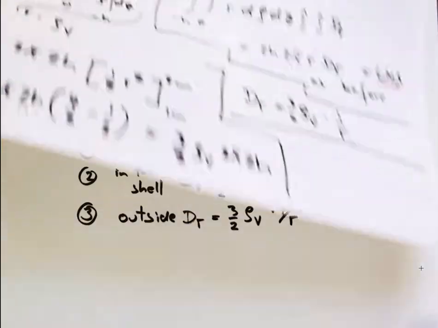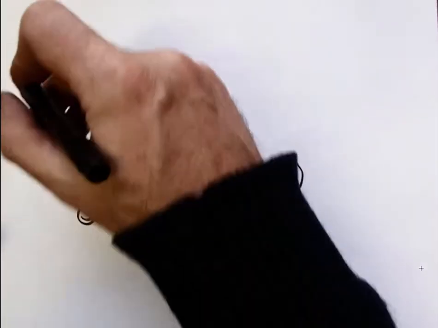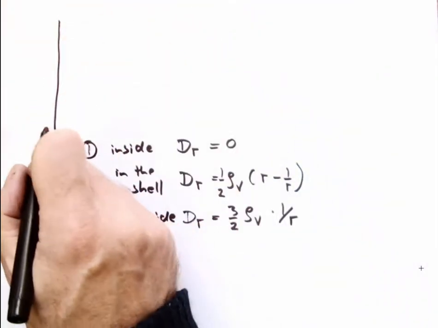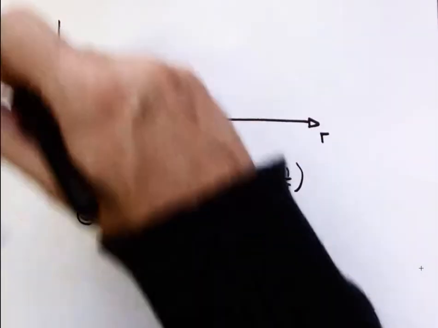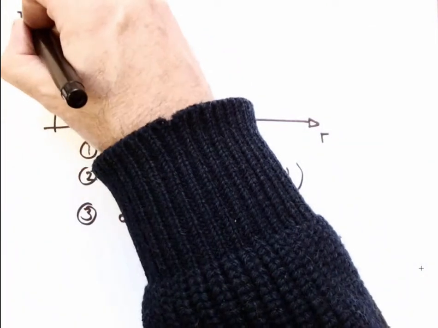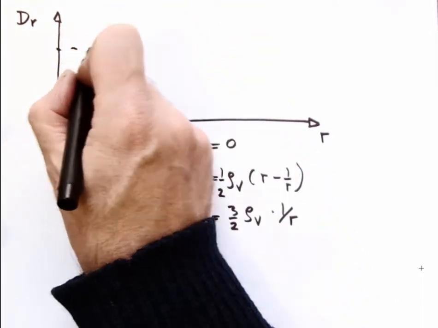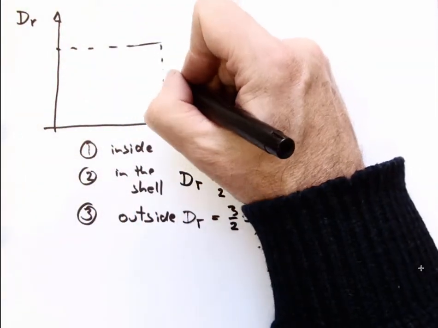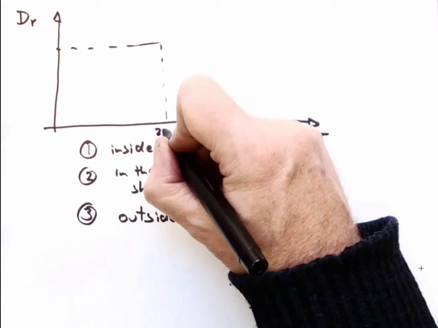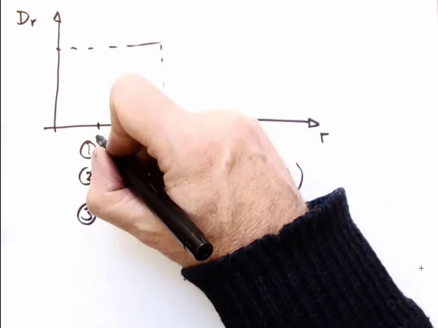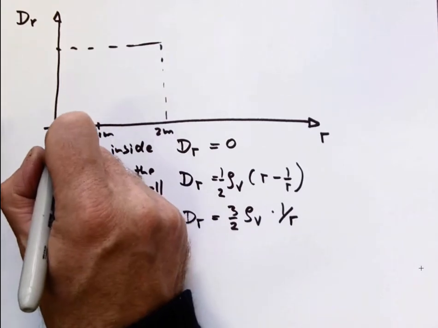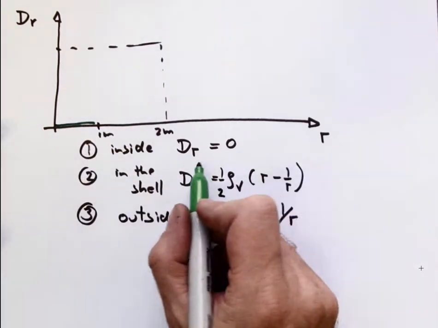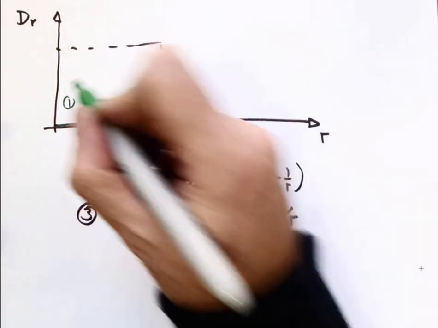If we now plot this as a function of radial distance r, if we plot Dr, then we get a maximum at 2 meters, and between 0 and 1 meter the field is 0, that's region 1.